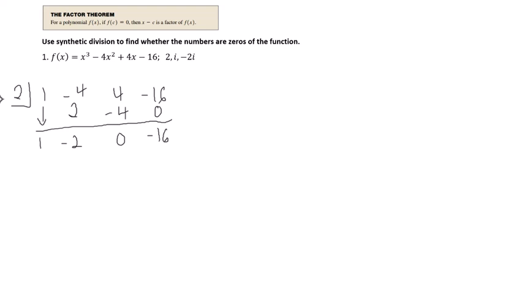All right, let's check i. 1, negative 4, 4, and negative 16. 1, multiply, you get i. Now, when I do these, I like to put it as 0 plus i, so I can keep my imaginaries and my reals separated. So that's negative 4 plus i. Multiply that times that, and a lot of times with a problem like that, I'll do that somewhere on the side.